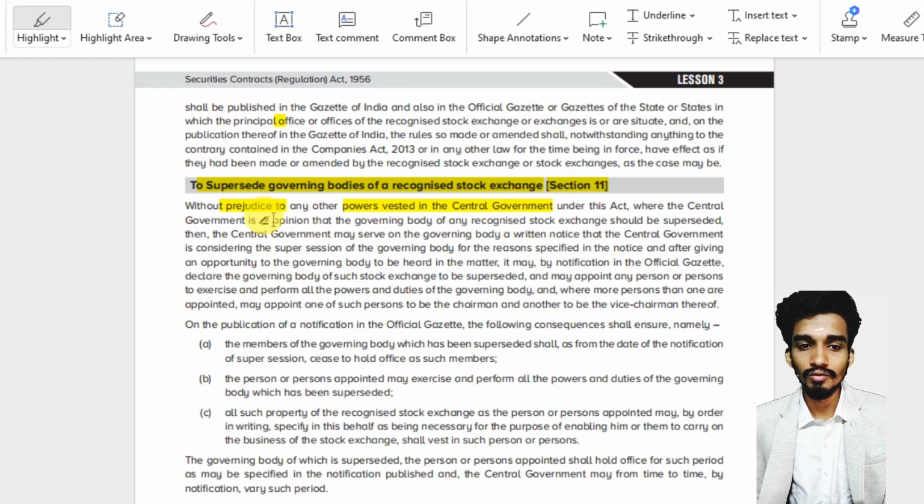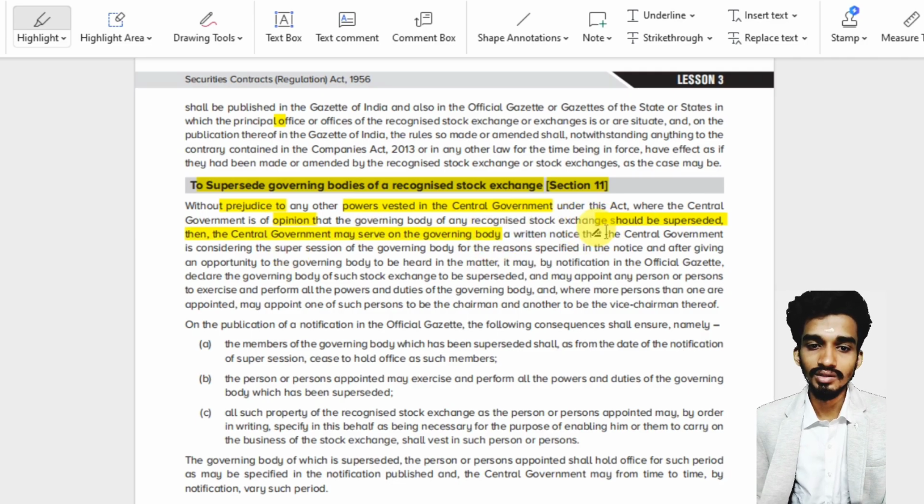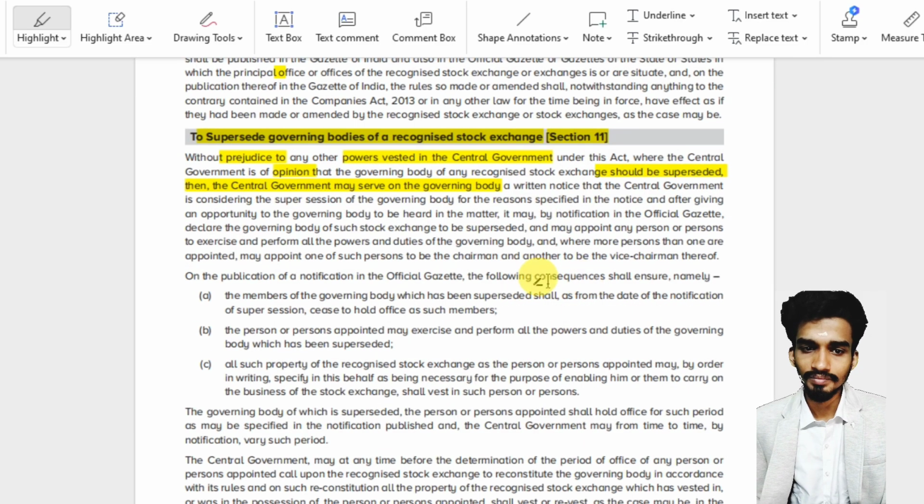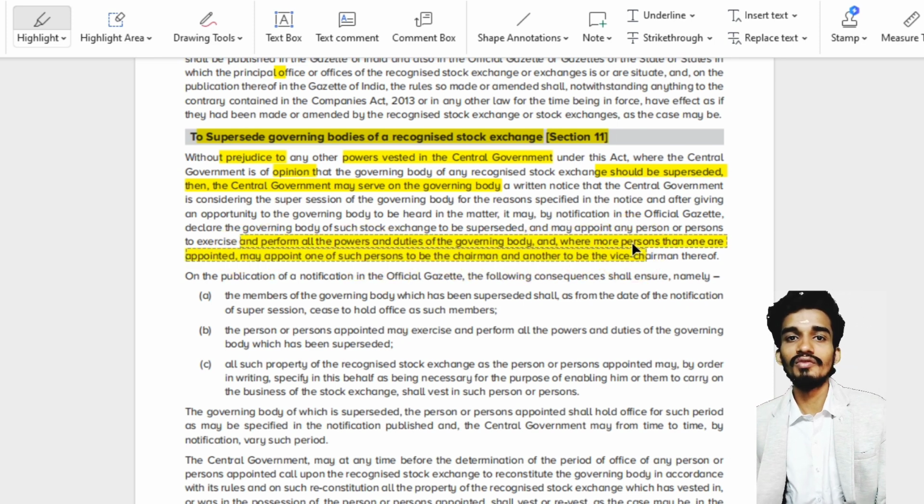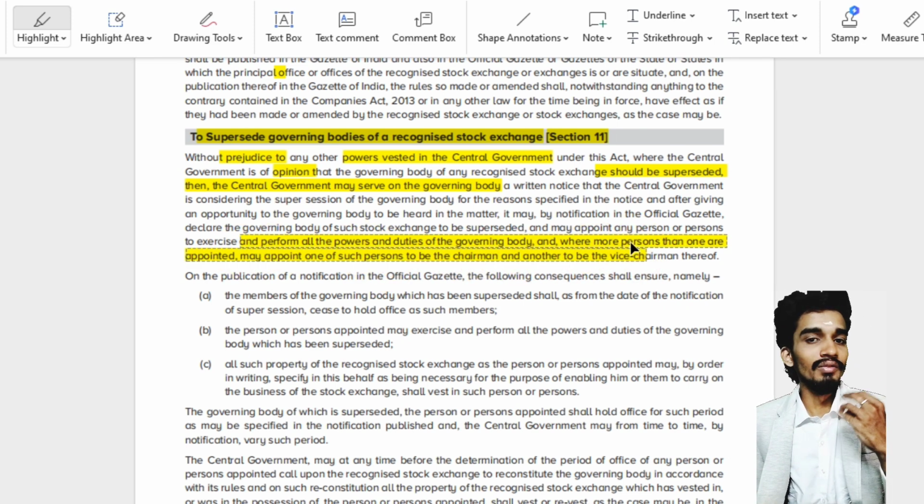So if the central government is satisfied that some misuse of power, something which is not regular, is happening on the stock exchange, then it may supersede, by giving a written notice to the concerned stock exchange, and may appoint any persons for the purpose of the supersession.